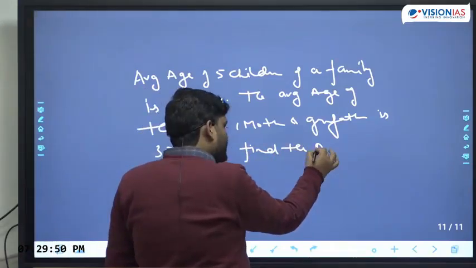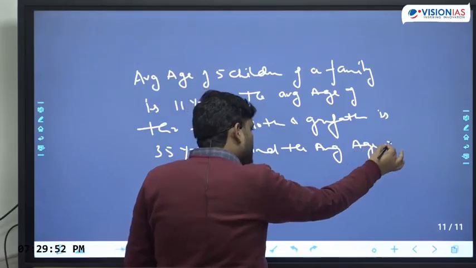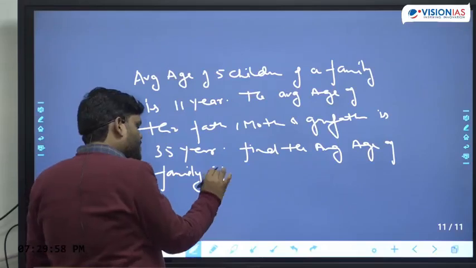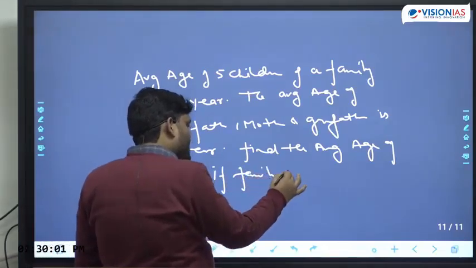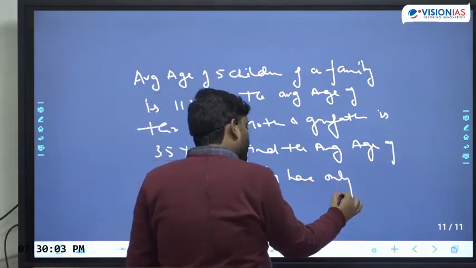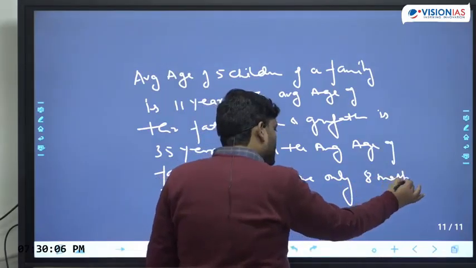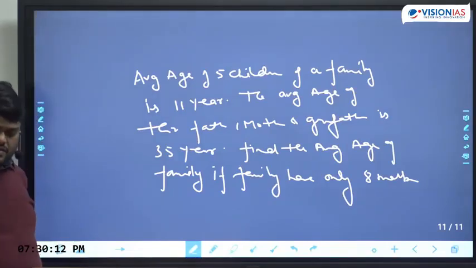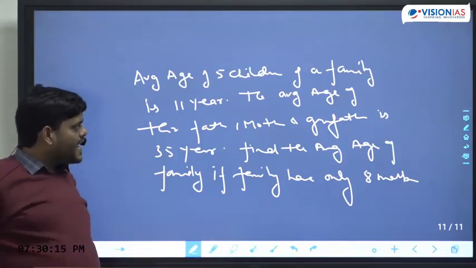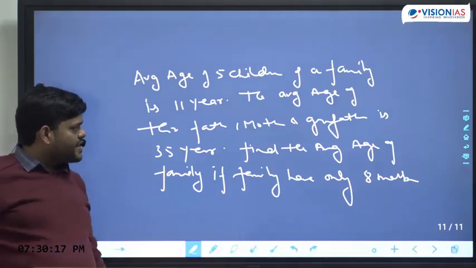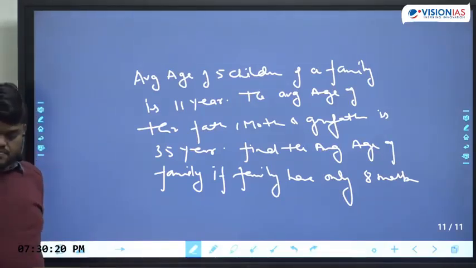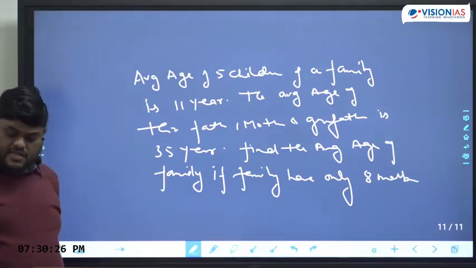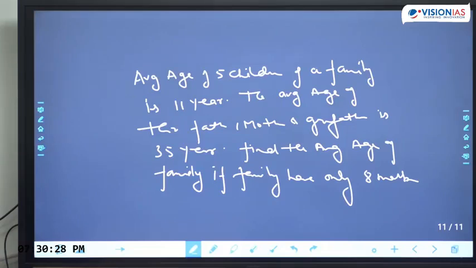Find the average age of the family if the family has only 8 members. The average age of 5 children of a family is 11 years. The average age of their father, mother and grandfather is 35 years. The answer is not 13.33. Something you are doing wrong. Please be careful.